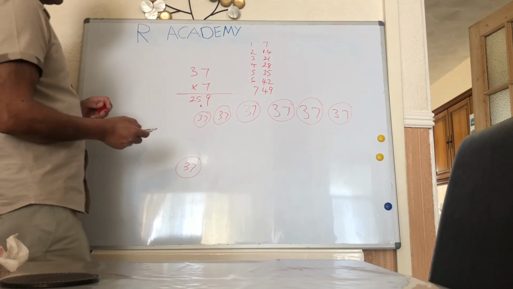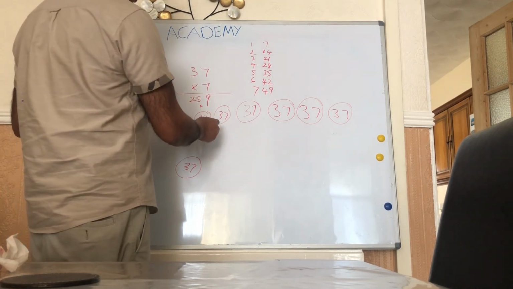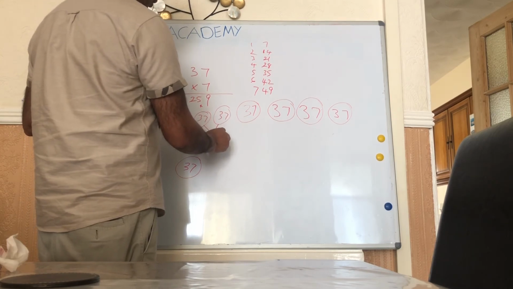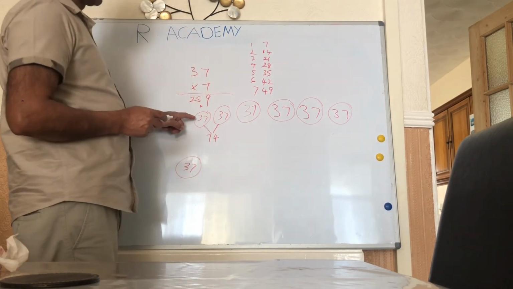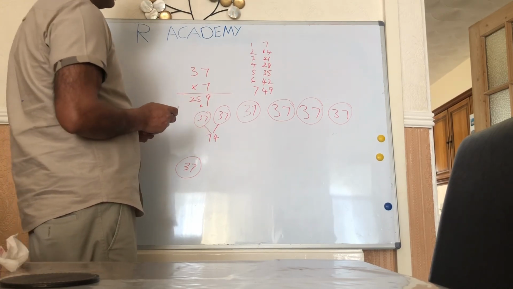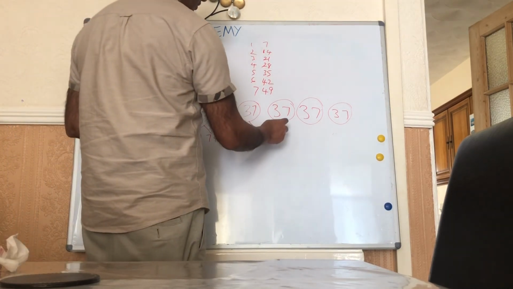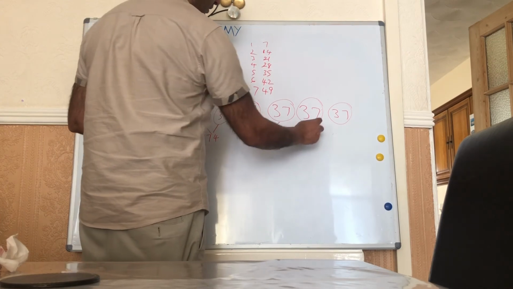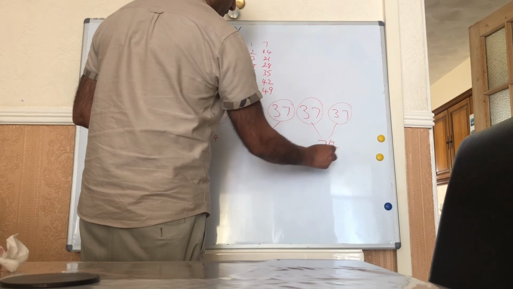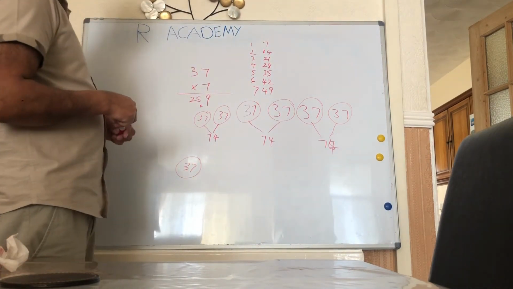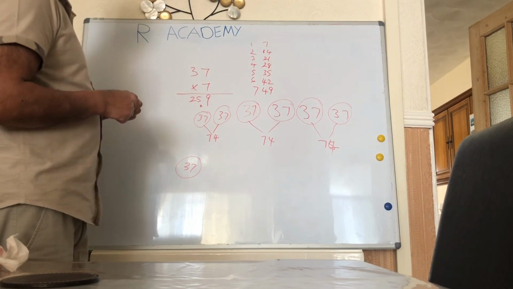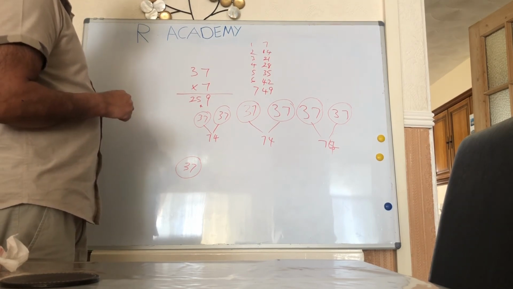Yes? So again, we hook this one with this one, add it to that. That's 74. So now we know one of them is 74. 37 plus 37 is 74. We can do the same with this one, because you know that's going to be 74 and that's going to be 74. Now, because you got 3, it's going to be a bit harder, but nothing that can't be done.